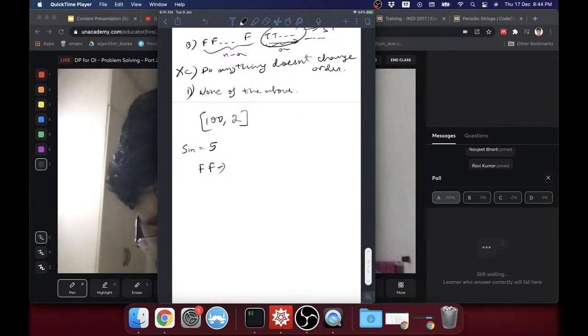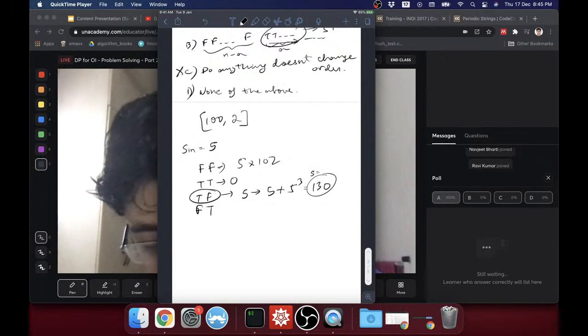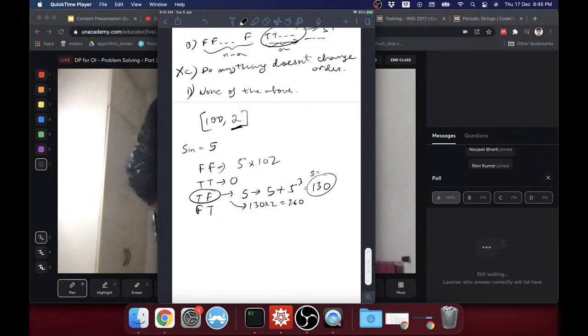That's not that helpful, it will only give you 50 and 2. The other is train, that's useless, it gives you 0. Other is train fight and the other is fight train. Intuitively we might think that train fight should be good for us. Train on the first one, so 5 becomes 5 plus 5 cubed, which is what, 130, right? Yeah, and then after having 130 strength, we'll use it and battle with the second guy. So 130 into 2, 260, that's our gain.